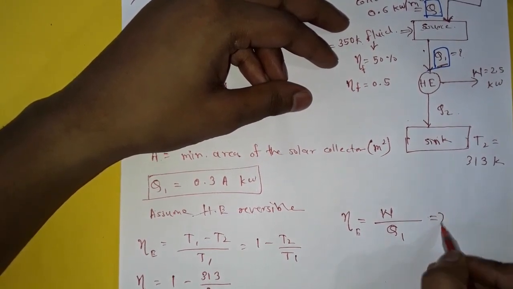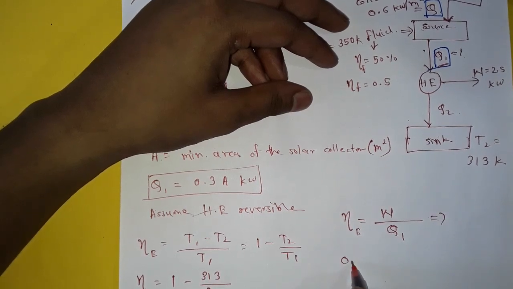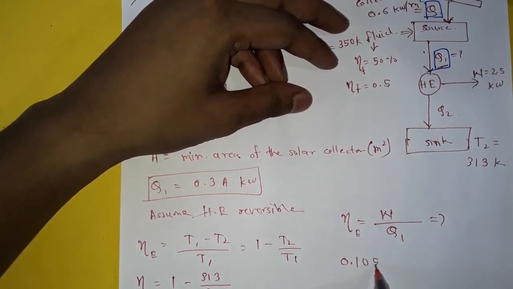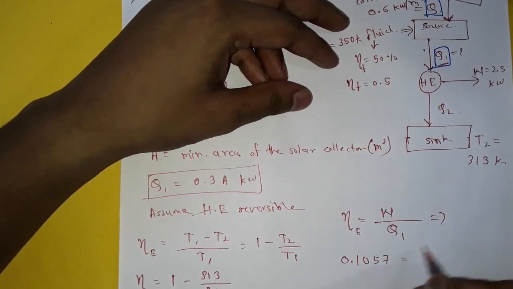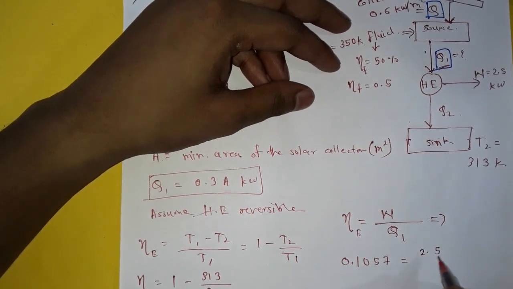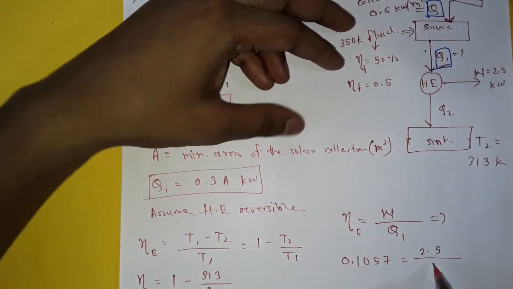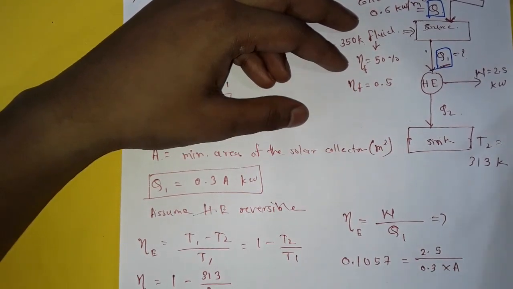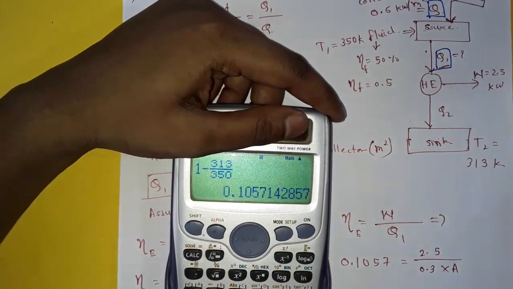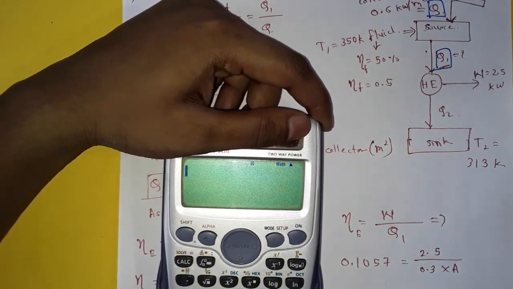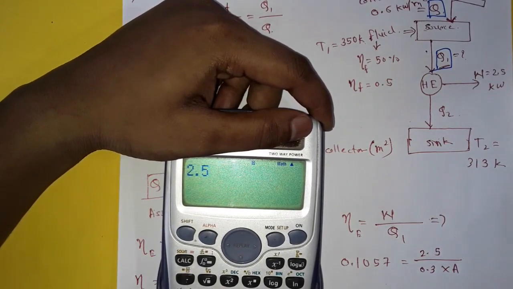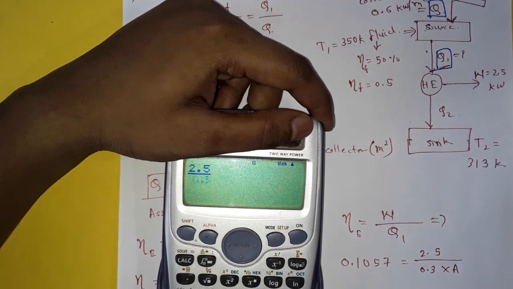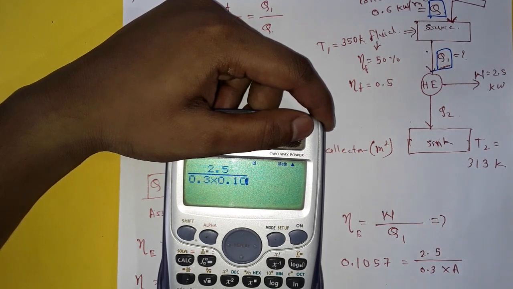Put the values: 0.1057 is equal to W, which is 2.5 kilowatt, upon Q1, which is 0.3 into A. So put the values in the calculator and get the answer: 2.5 divided by 0.3 into 0.1057.